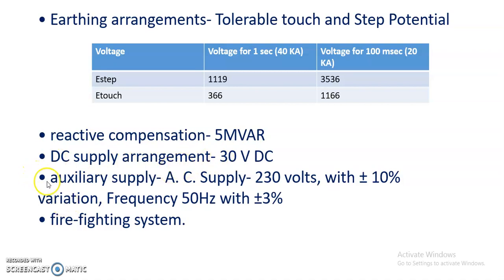Then auxiliary AC supply is 230 volt with plus minus 10% tolerance or variation, and frequency of 50 Hz with plus minus 3% variation. And the last point is the firefighting system, where we use fire extinguishers or sand buckets in order to extinguish the fire. So these are the components that we are using in case of a 33 kV substation.